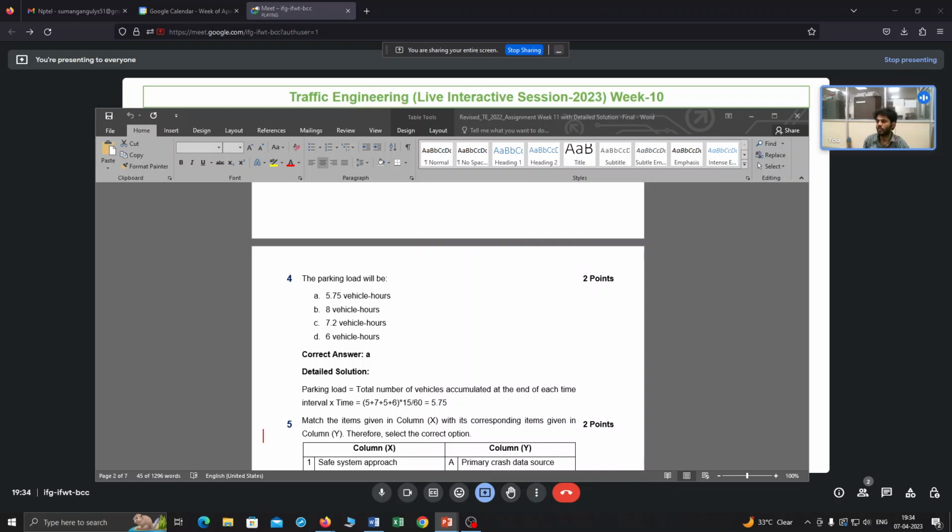Then the average occupancy is, first you have to calculate the occupancy at each interval, that is the parking accumulation by the number of bays, and then you have to average it considering the 4 intervals. And then the parking load is the number of vehicles that has been parked in each duration, and then you have to sum it up. So I hope that it is clear.